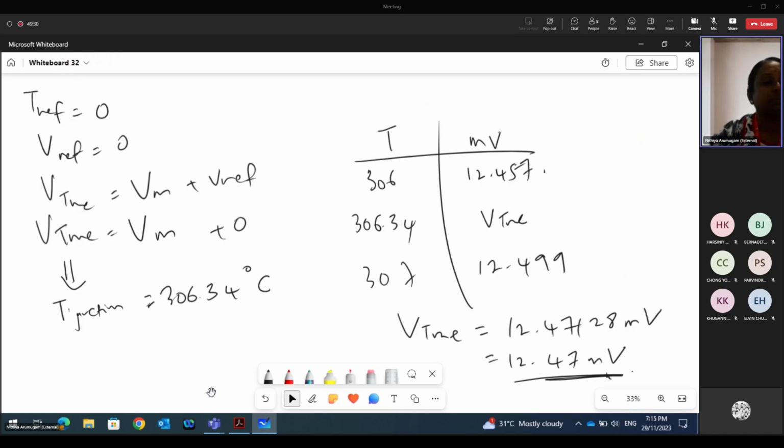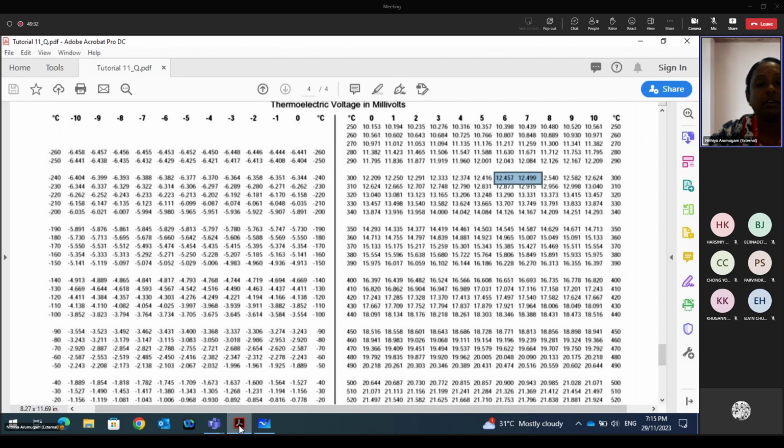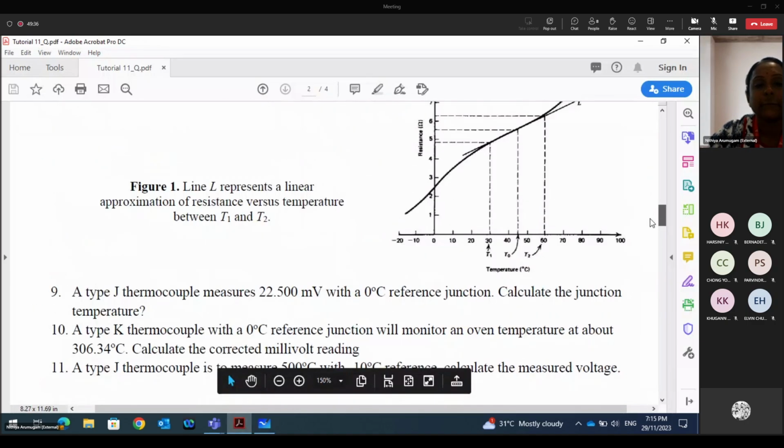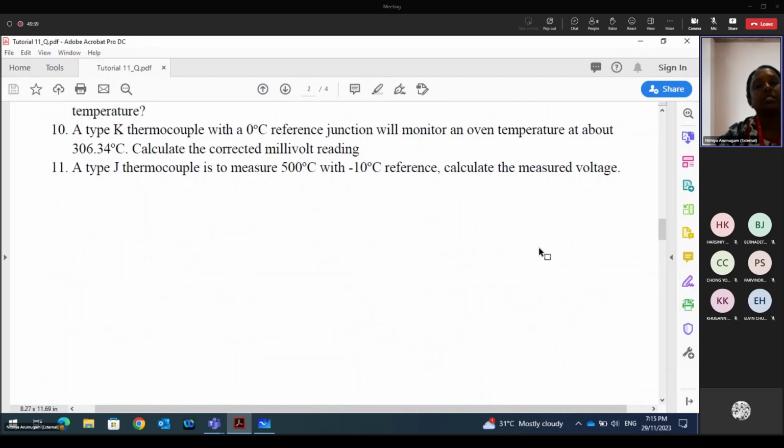Okay, this is about type K. And the last question is about a J-type thermocouple used to measure 500 degrees Celsius with a reference of negative 10 degrees Celsius. Calculate the measured voltage.